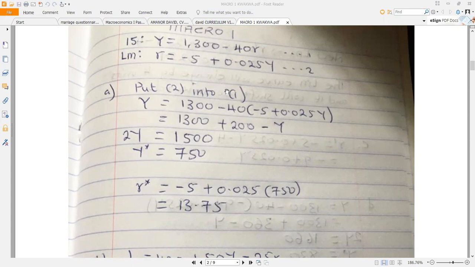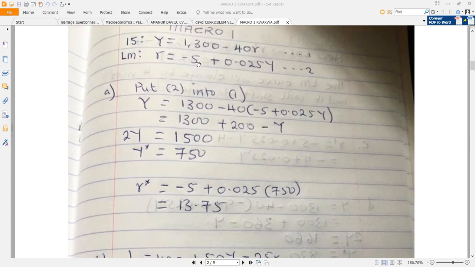All right. Now, there's this question that they didn't ask here, but there are times that they do ask. You'll be asked to find the slopes of the equations or the curves. You'll be asked to find the slope of the IS curve and that of the LM curve.